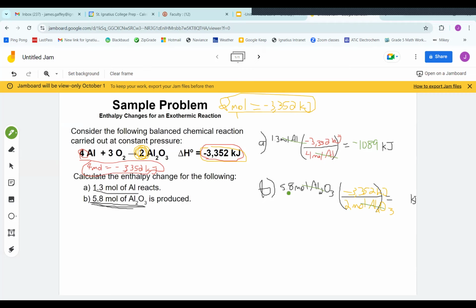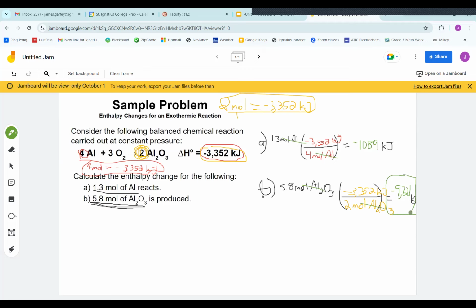On your calculator, then, take what you have in the numerator, 5.8 times negative 3,352, and then divide that by 2. And I get negative 9,721 kilojoules, rounding to the nearest whole number.